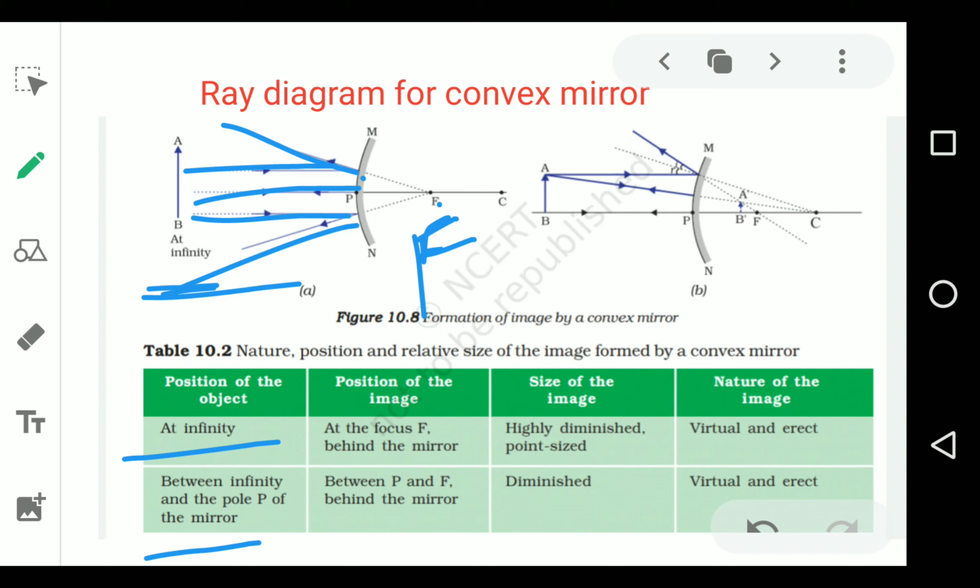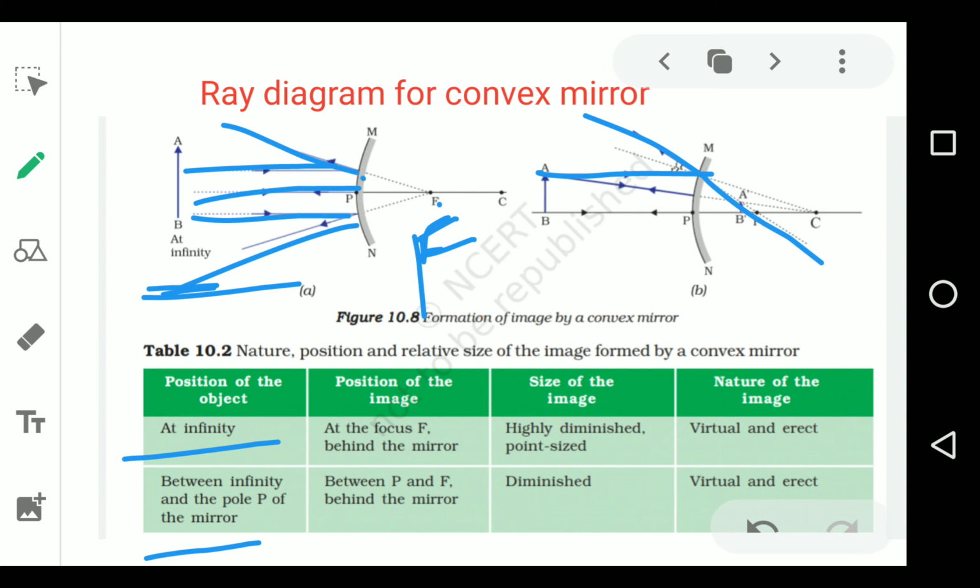So the next diagram of the convex mirror is where the object can be placed anywhere between infinity and the pole. One light ray that is coming parallel gets reflected, and obviously the dotted reflected line behind the mirror will pass through the focus.